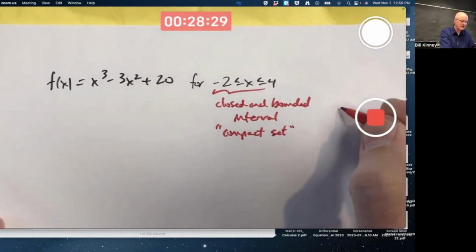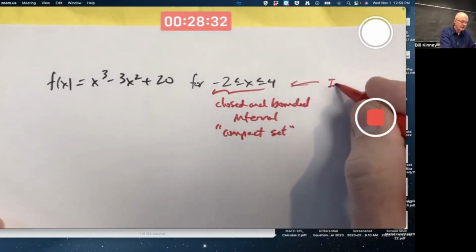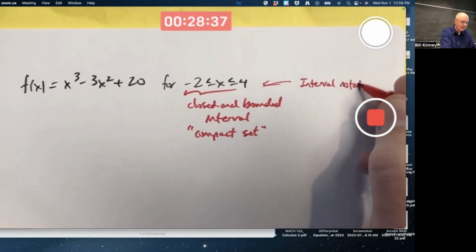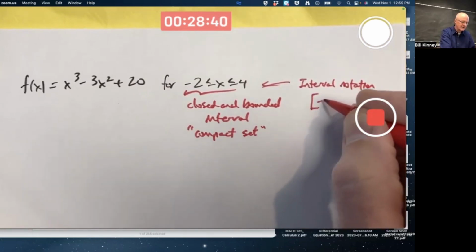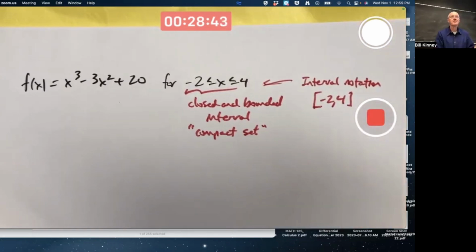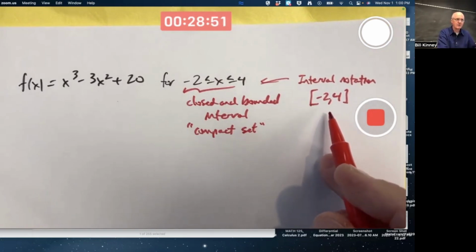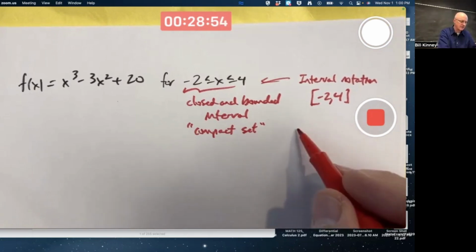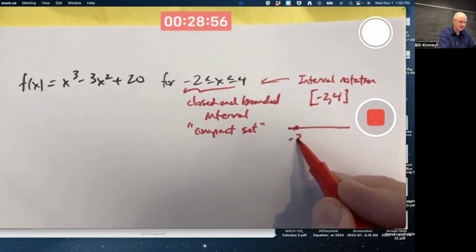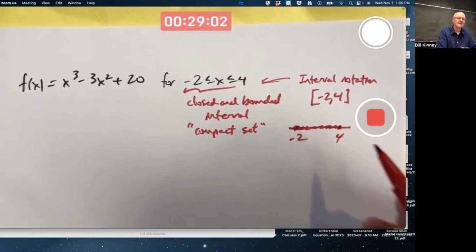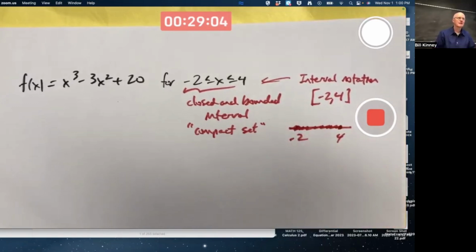In interval notation, which you should be comfortable with, we'd use square brackets, not parentheses. This means the closed interval from -2 to 4, all the numbers between -2 and 4, including -2 and 4 themselves. So if you were drawing the interval, you'd want to have filled in dots at -2 and 4. That's a closed and bounded or compact interval.